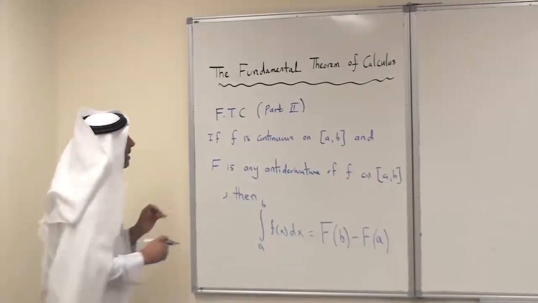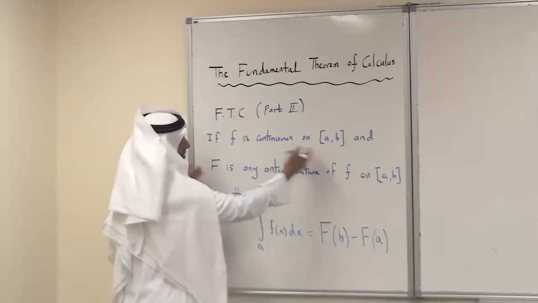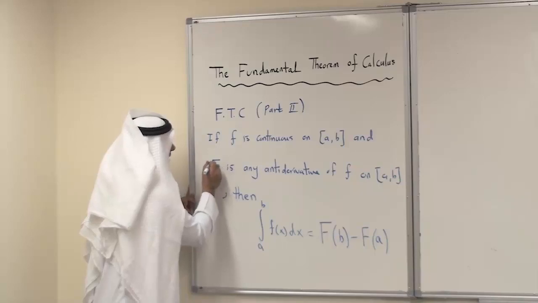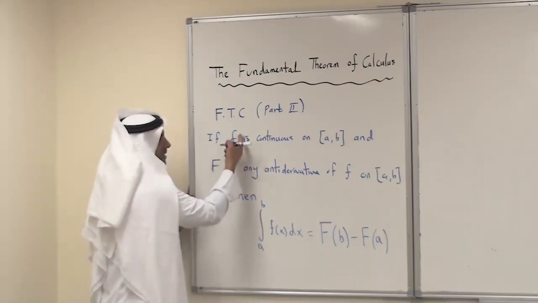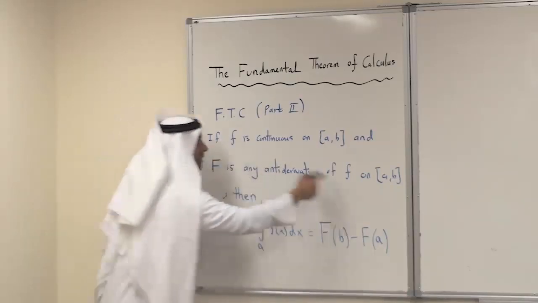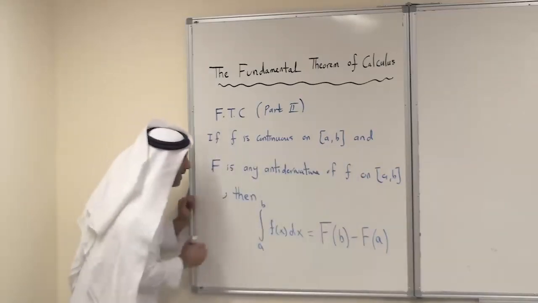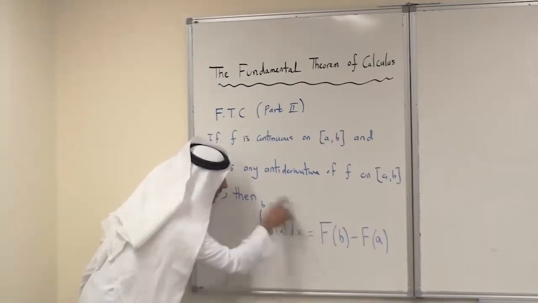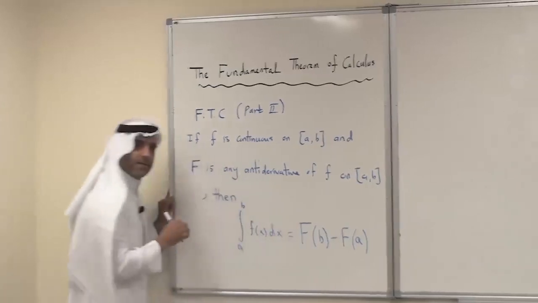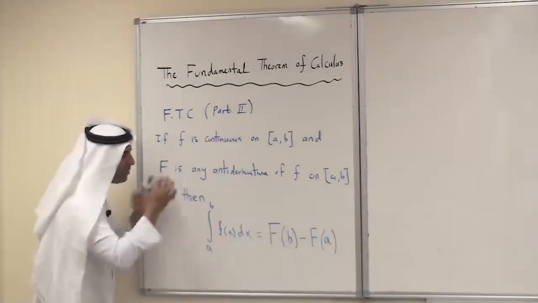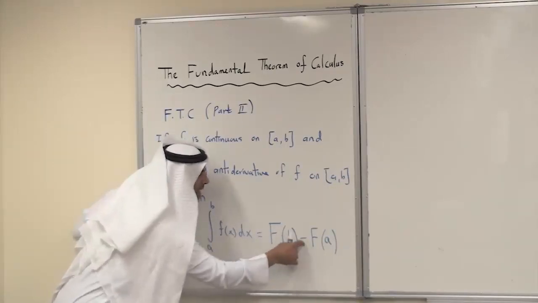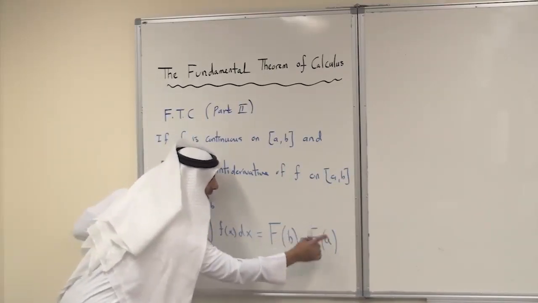It says, if we have a continuous function on [a, b], and capital F here is any antiderivative of the small function, that is, the derivative of capital F is the small f on that interval [a, b], then if you need to calculate the definite integral from a to b of f of x dx, it is simply equal to the value of that antiderivative at b minus the value of that function at a.